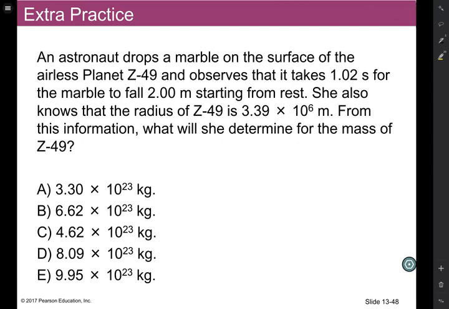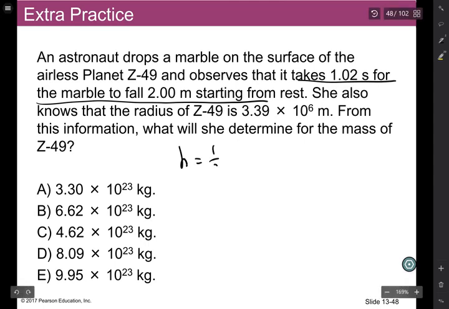Okay, so finally, we can use our pieces now to work backwards. We have a lot of kinematics information, the time it takes for a marble to fall. Now we can use that to figure out what the acceleration is. So h is 1/2 a t squared. Starting from rest, v equals 0, we use kinematics.